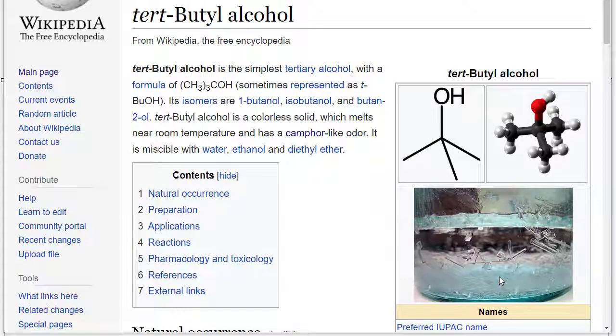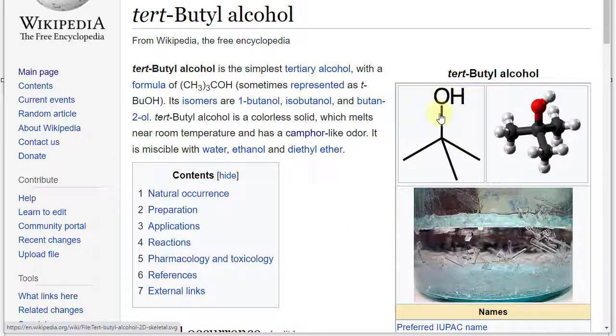But we can't leave this problem without talking about tert-butyl alcohol. So here's something on tert-butyl. Tert-butyl alcohol itself is an interesting alcohol. It's a solid at room temperature, but it melts pretty easily. They say it has a camphor-like odor that's almost sort of like a piney odor, and it dissolves nicely in water, which is what you'd expect.